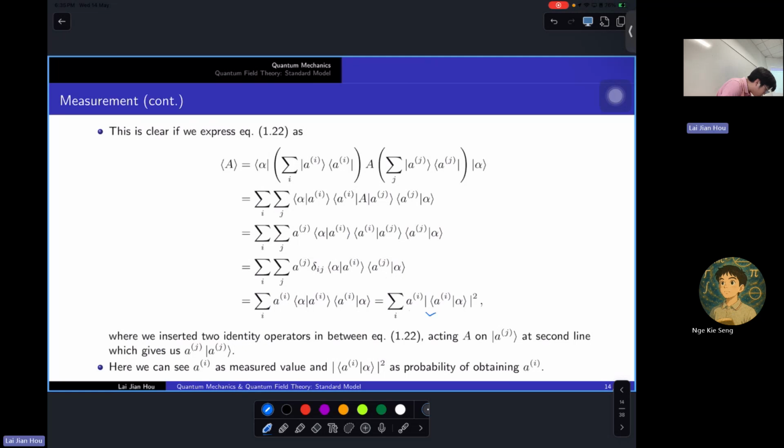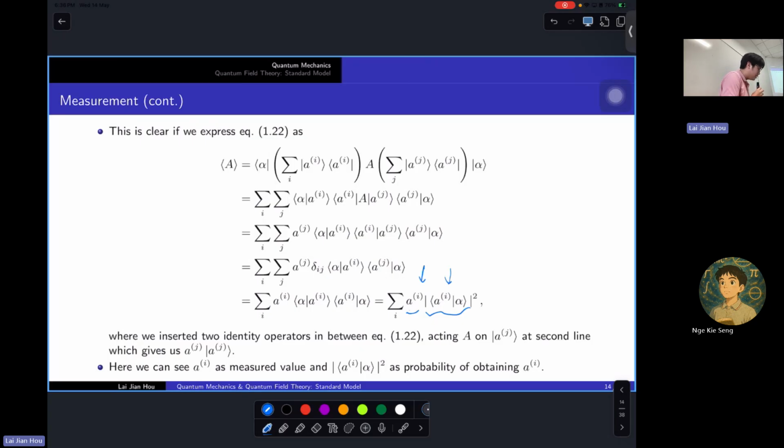This will be the probability of obtaining a, where a is a measured value, so let's say it is discrete. A probability measurement is like having a value multiplied by its probability, and taking all of it together. This gives us the expectation value.